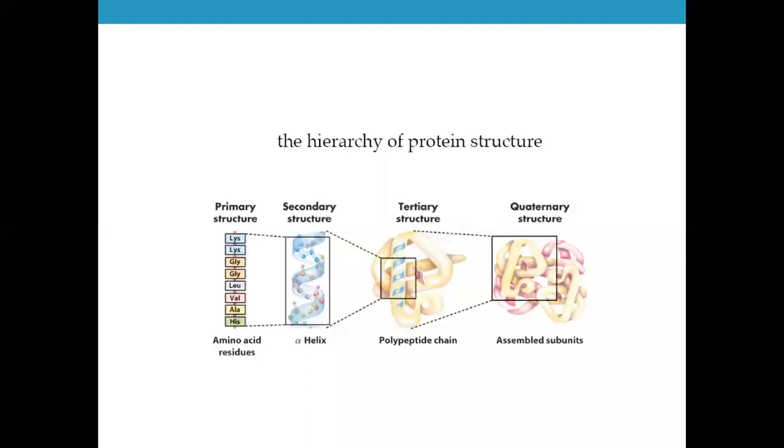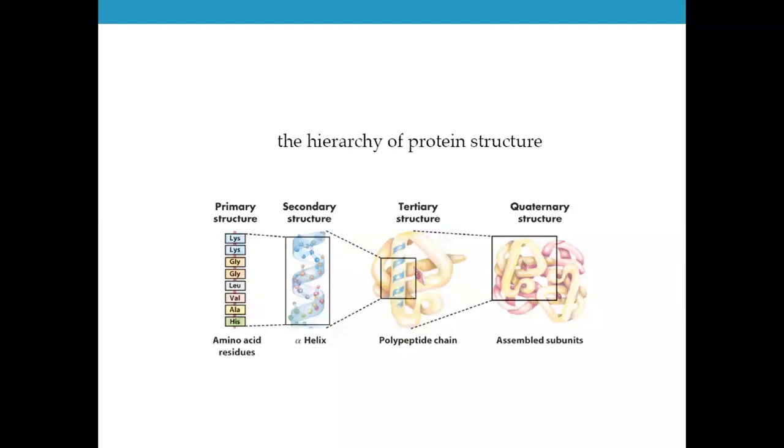From the primary structure, the amino acid residues can actually assume a secondary structure, depending on the forces of interaction that will occur between the amino acids, and that will give rise to the secondary structure.